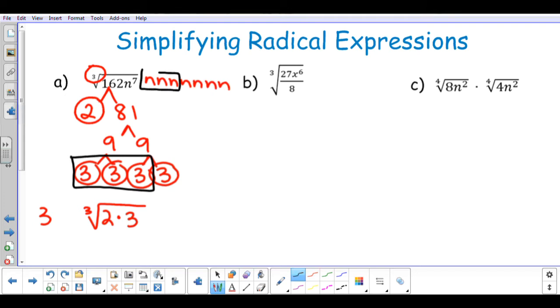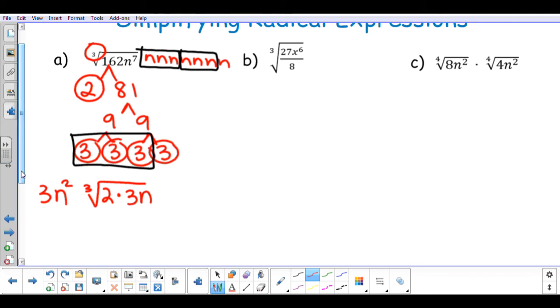So I have one group of 3, and I have a second group of 3. Since I have two groups, I'm going to have n squared in front and the single n remaining. So my final answer would be 3n squared times the cube root of 6n.